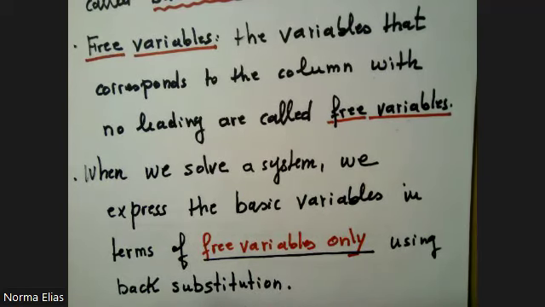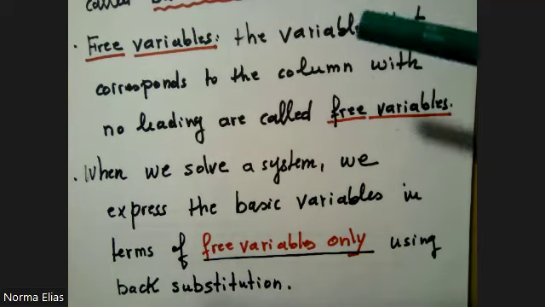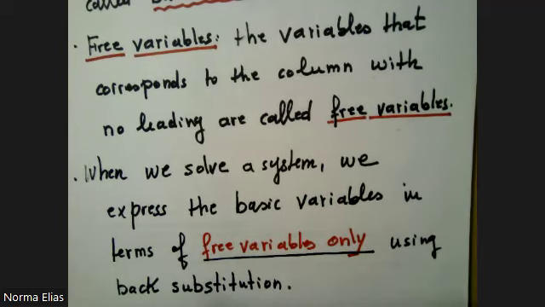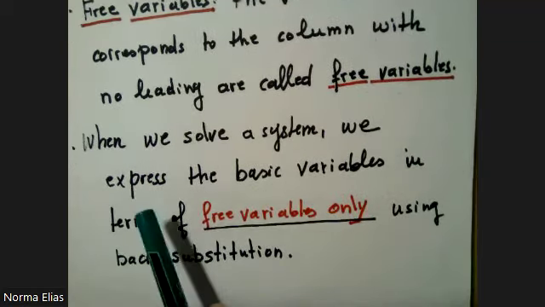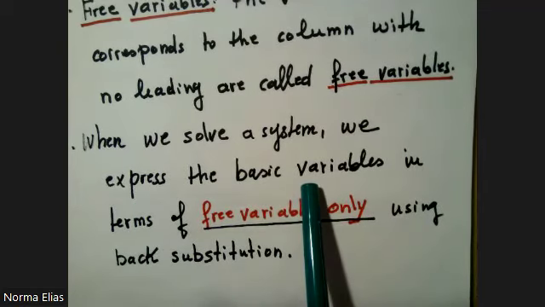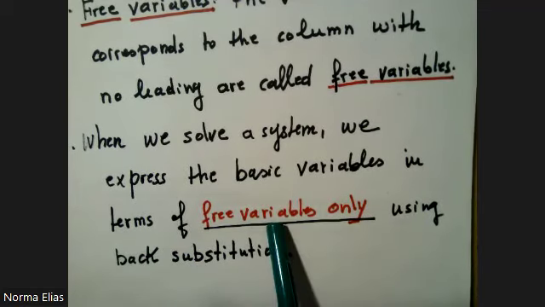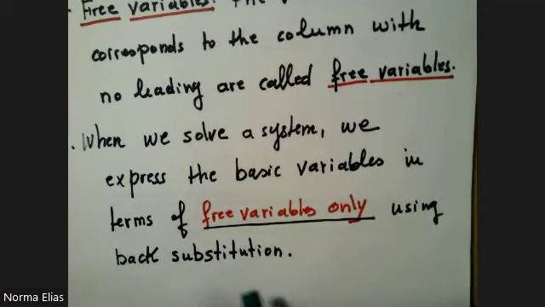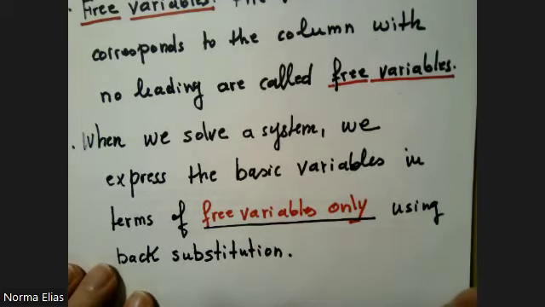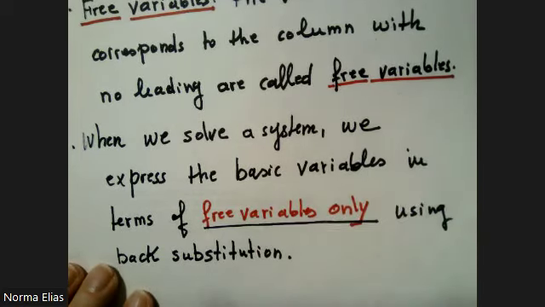So the way we represent the solution of a system that has infinitely many solutions is we give the basic variables in terms of the free variables only, using back substitution.